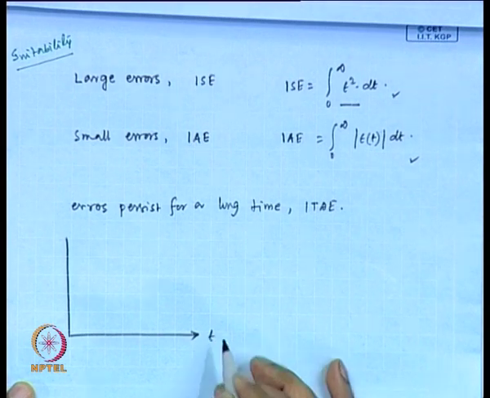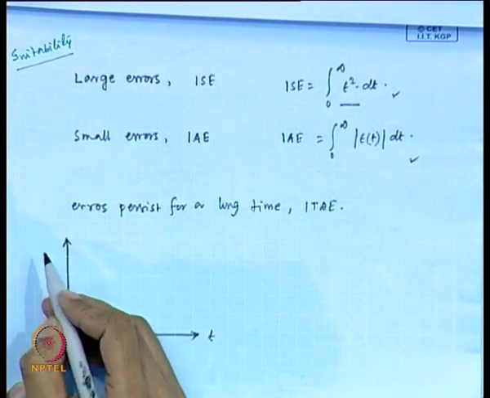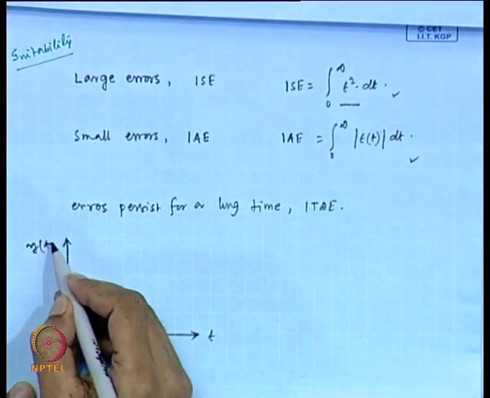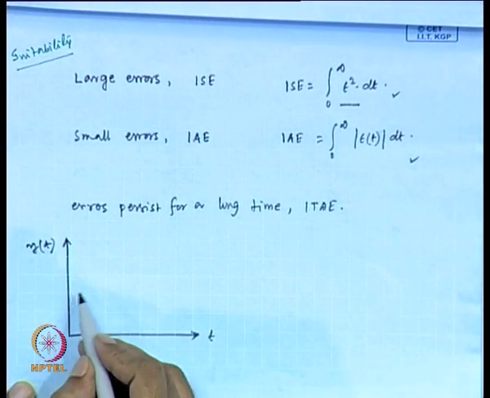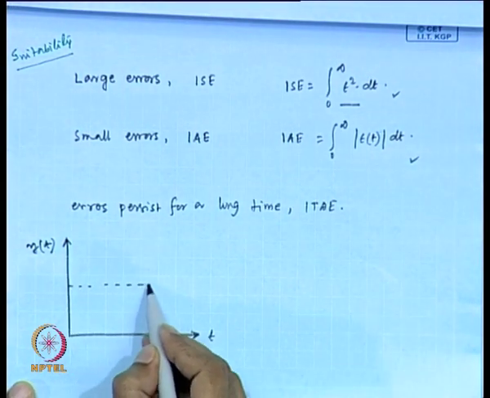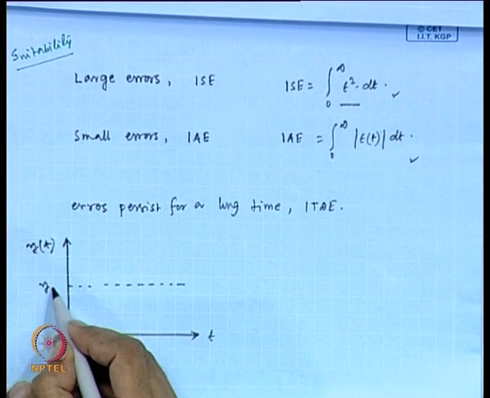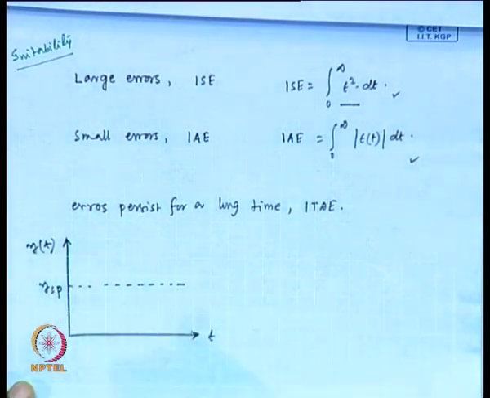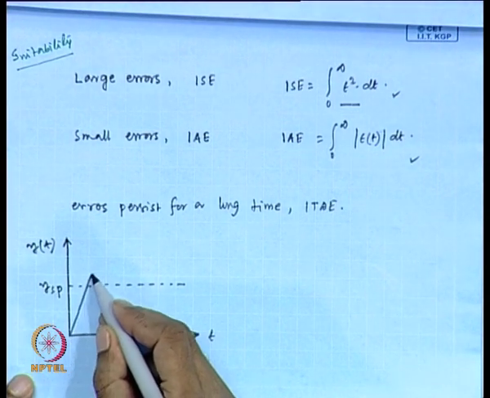Now, we will consider the response of a process. Suppose this is indicating the set point. Now, this is the closed loop response.